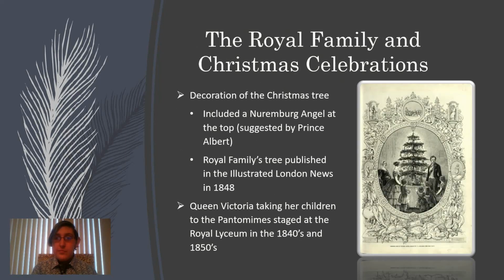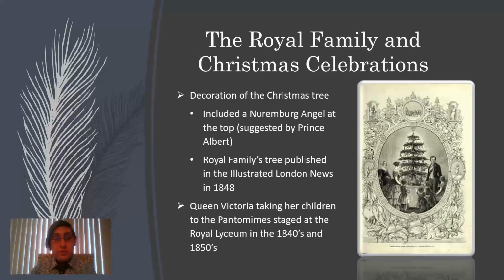The royal family and their Christmas celebration: most of these new traditions started with the royal family, pictured in front of their tree, shown here, which was published in the Illustrated London News in 1848.